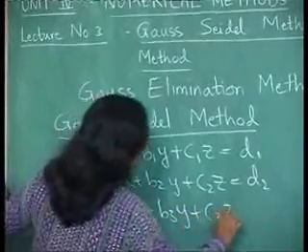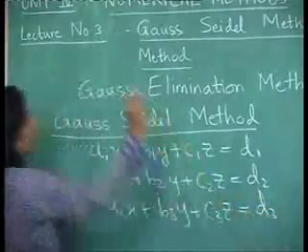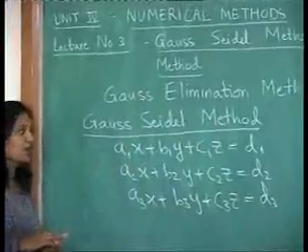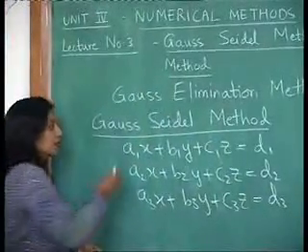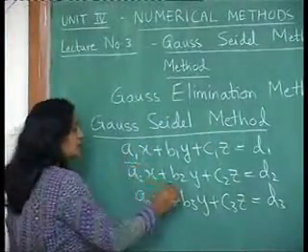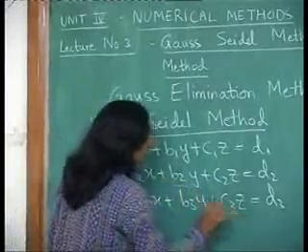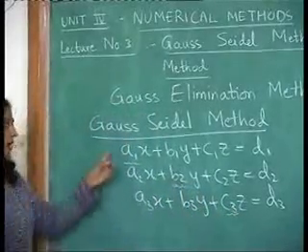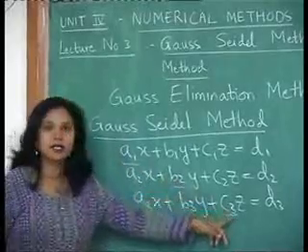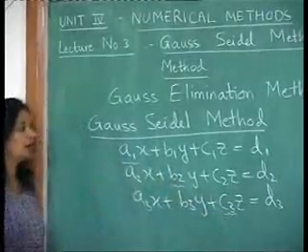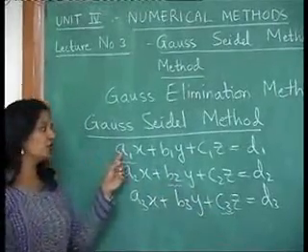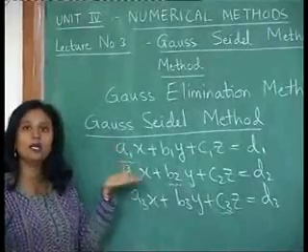Now, for this method to work fine, there are certain assumptions we have to make. The coefficients that come along the diagonal in the coefficient matrix, A1, B2 and C3, will form the diagonal of the matrix. These coefficients have to be dominant.